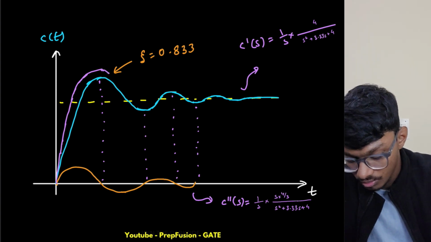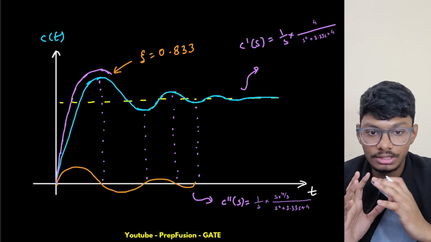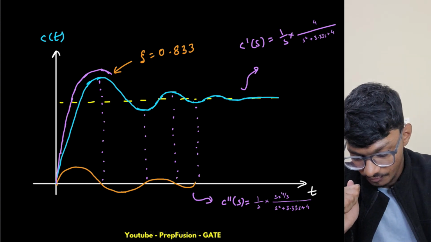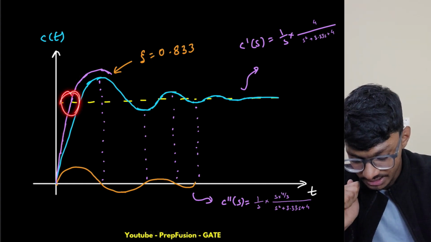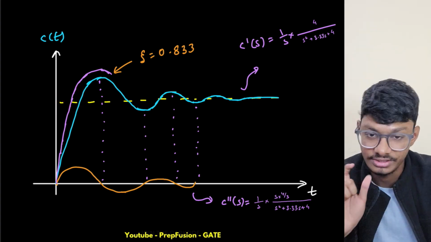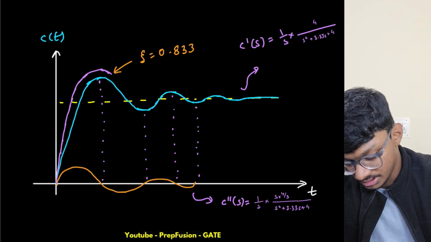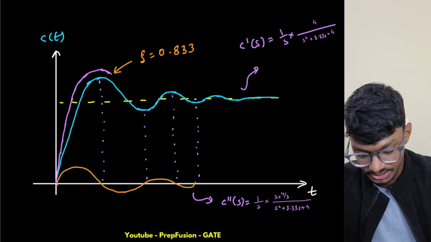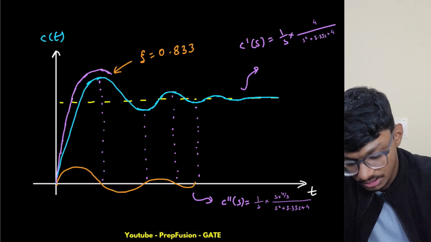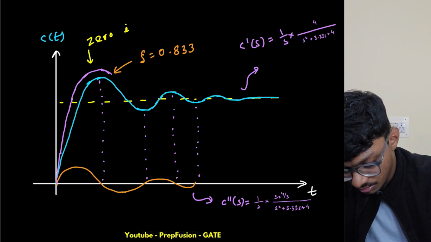Then after reaching the maxima here, it is negative, so this will further reduce. Now one thing will be important. If my zero is very dominant, then obviously my rise time will reduce, because this will reach its steady state point much faster, the first time. So this is the second case, where my zero is very dominant.